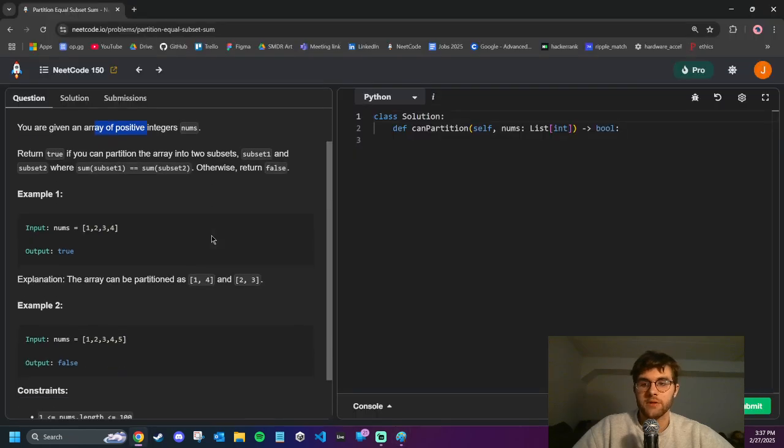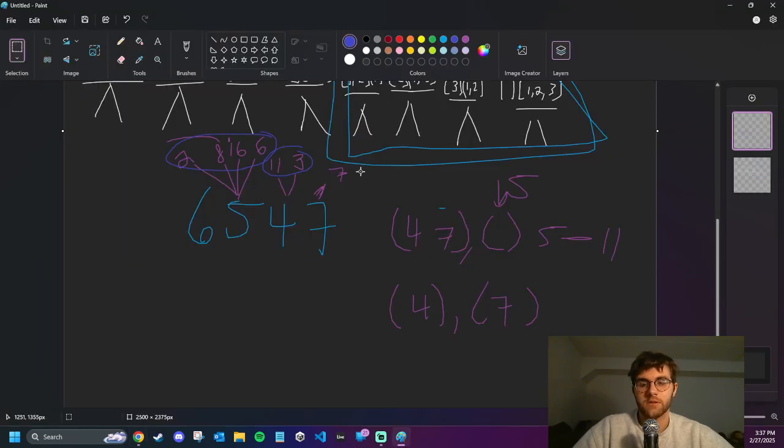So it is growing every time though, so I don't know if that really saves us any time.